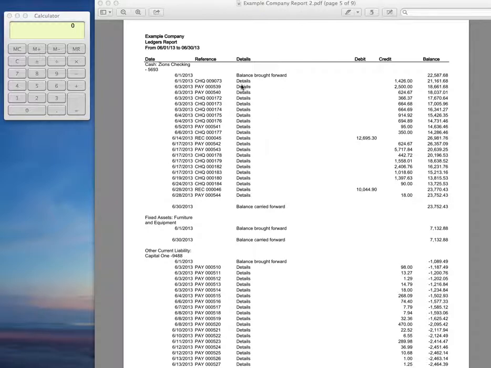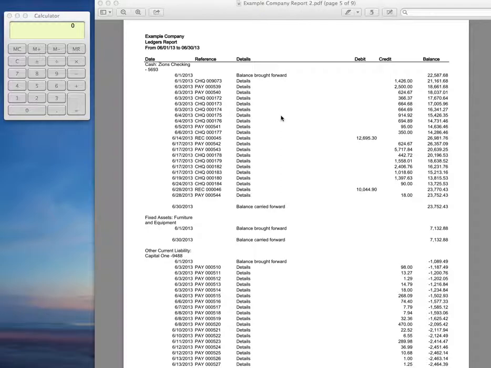So in this example, you see "details." Normally this would say Chick-fil-A, Mazuma, the name of the company you pay rent to, the power company, or McDonald's. It would have the name of the company that you paid or that you received money from.